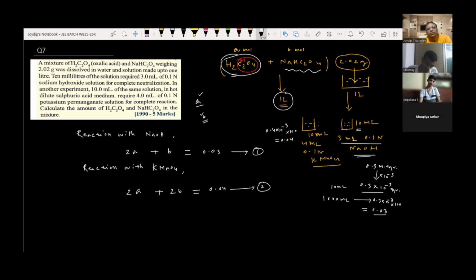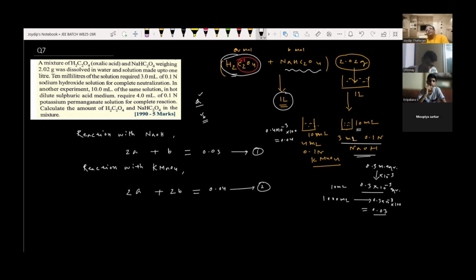Sir, both will be 0.01. That will verify the amount you are talking about. The number of moles, the value of A and B. Yes, the value of A and B. Okay, let me check.